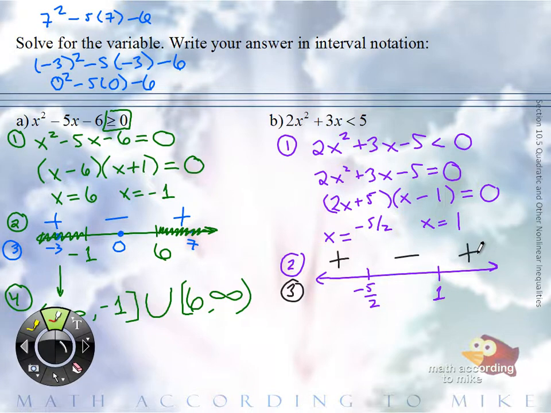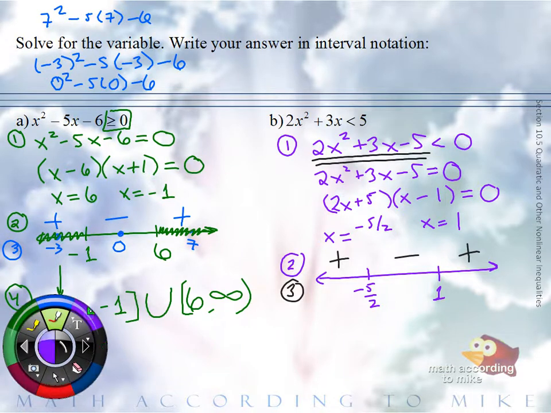So remember, you're going back to this guy here. So always go back to your standard form. Questions on any of those signs? Okay. Do we want the positives or the negatives? Negatives, because it's less than 0. So that's this section here.